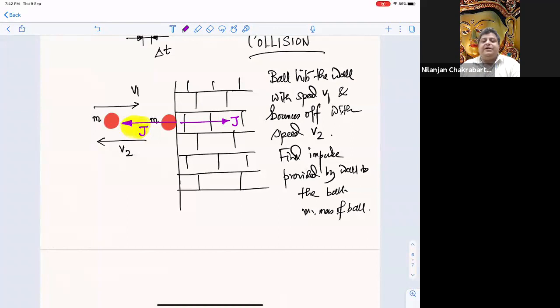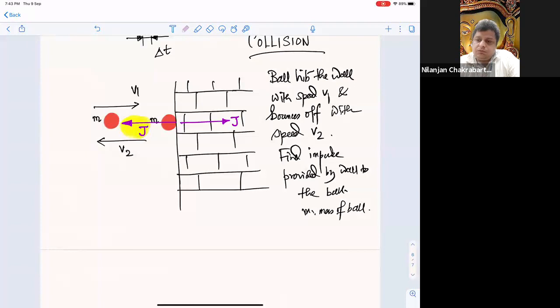If it is an iron ball, the wall may break. Suppose that is not so, simply a light ball. So the wall is receiving this impulse J. This is all Newton's third law. As the forces are equal and opposite, the impulses are also equal and opposite.